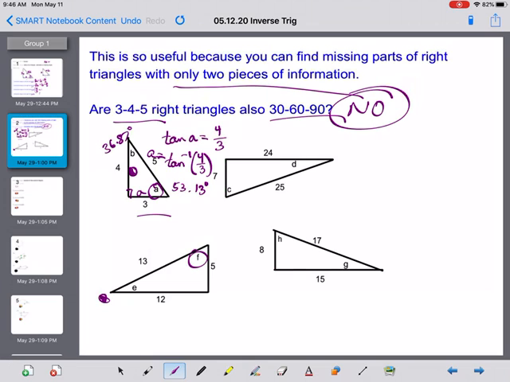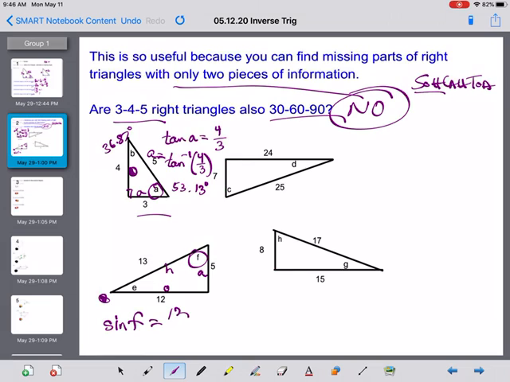Let's use F, no reason, we're just going to pick F, and let's pick sine. See, if you're given all 3 side lengths, you can actually use any of the 3 trig ratios. So the sine of F, so let's label 12 as opposite leg, 5 is adjacent leg, and 13 is hypotenuse. Sine, remember SOHCAHTOA, sine is opposite over hypotenuse.